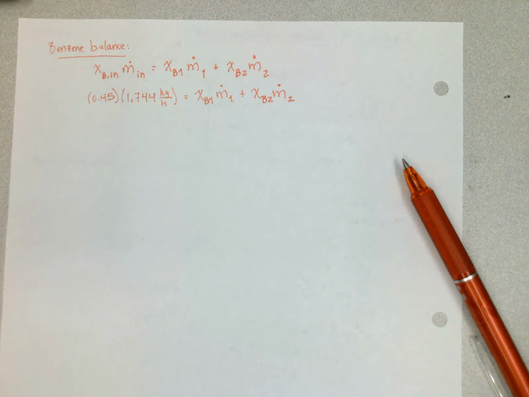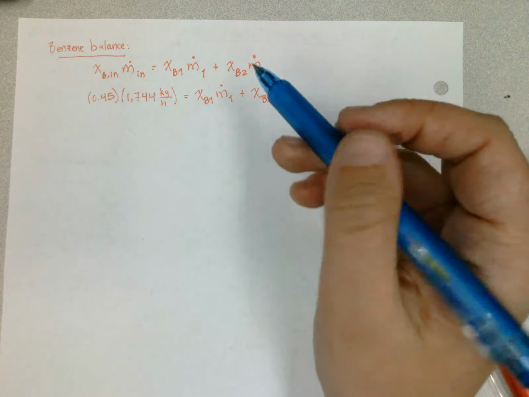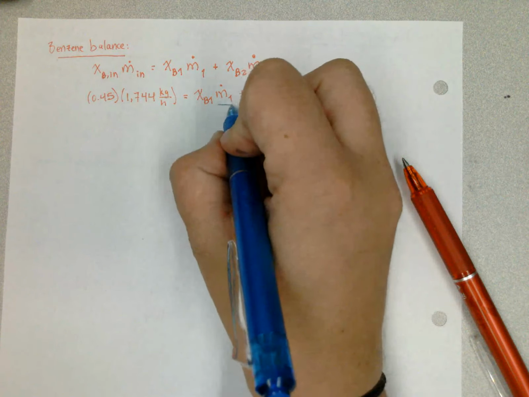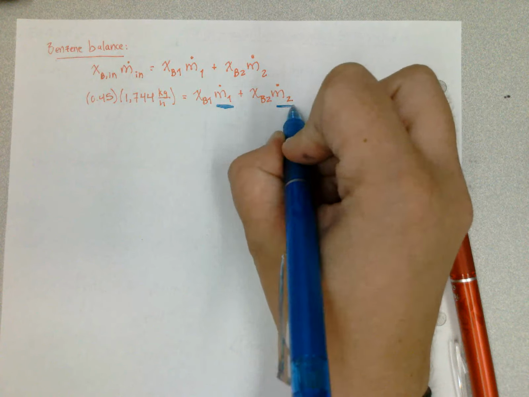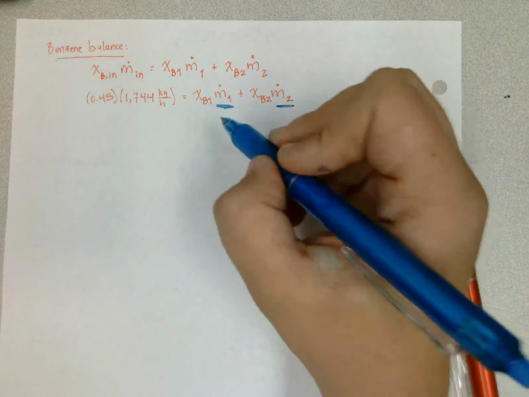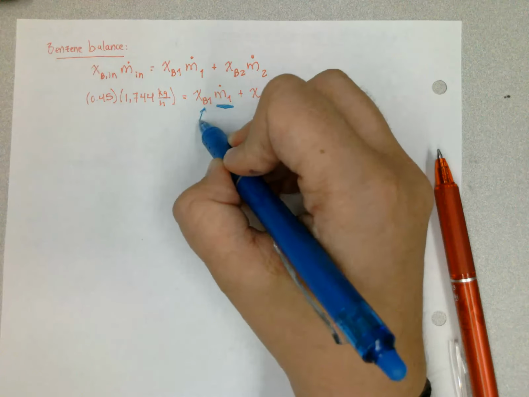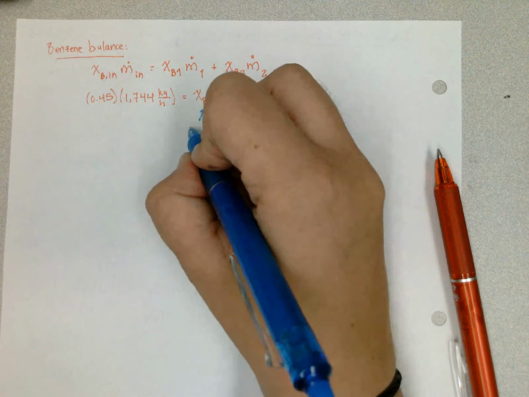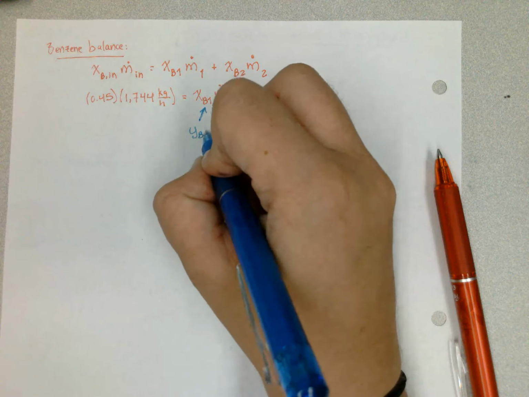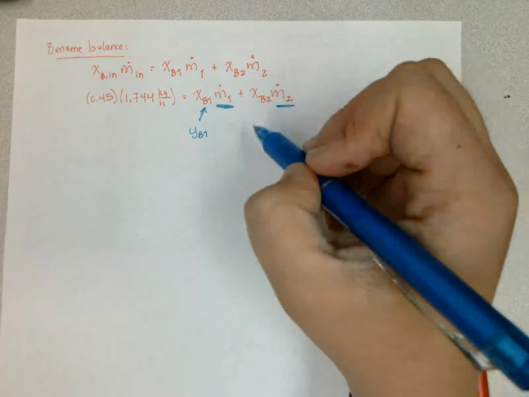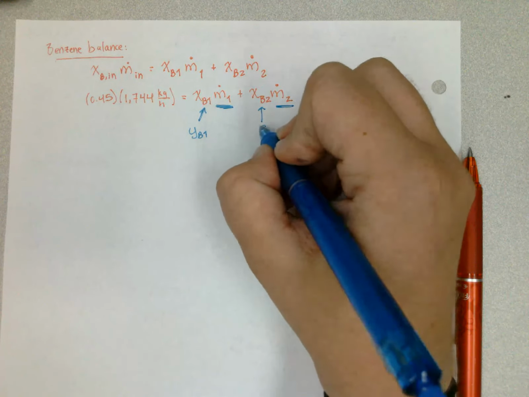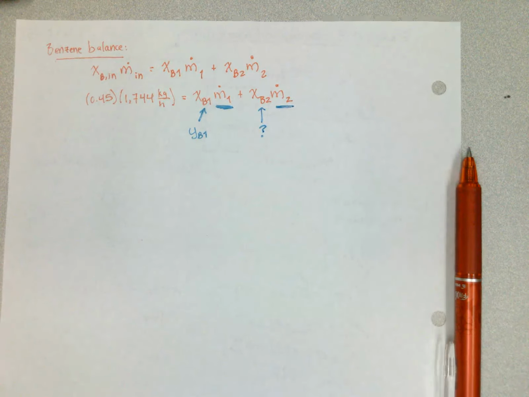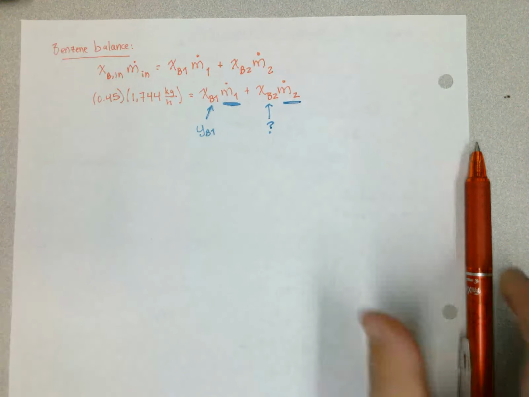So real quick, let's do some circling or underlining, whatever works for you. We're going to need this value here, this M1, and we're going to need this M2 in order to solve. So those are unknowns. There might be a way to solve for this. So maybe we can find this from YB1. We'll think about that. We might be able to find this, but that one's kind of challenging at this point. So that's something that we need to think about. And that doesn't really give us much to work with.